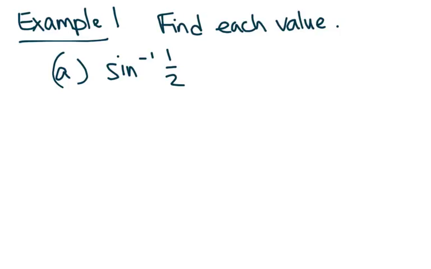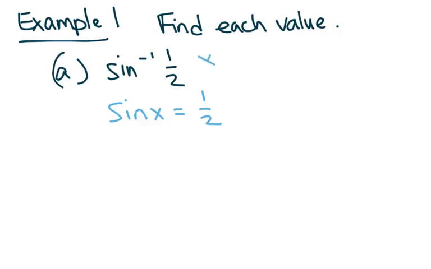Now, I'm going to approach this a couple different ways. To find the inverse sine of 1/2, this is the same thing as saying the sine of x equals 1/2. However, I want to remind you that we had a restriction on our inverse sine, and the restriction was that our inputs had to be between pi over 2 and negative pi over 2.